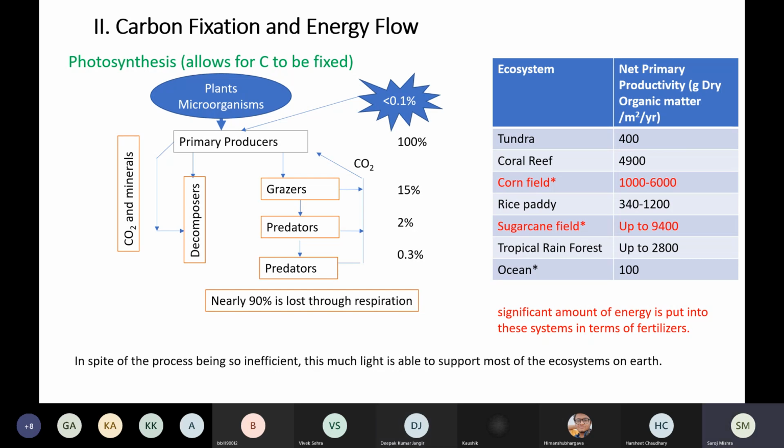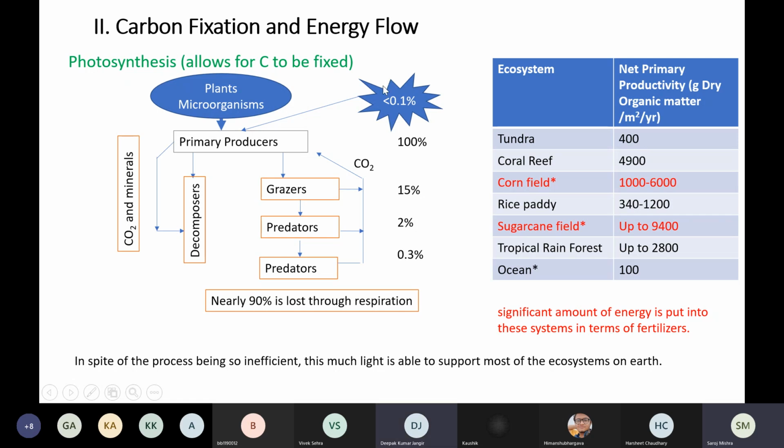Whether you are a vegetarian or a non-vegetarian, the organic matter coming in is only something which is made by the primary producers. There's nothing else. You are not taking gaseous carbon dioxide, you are taking food. And food means primary production.